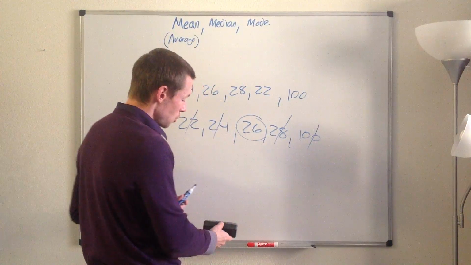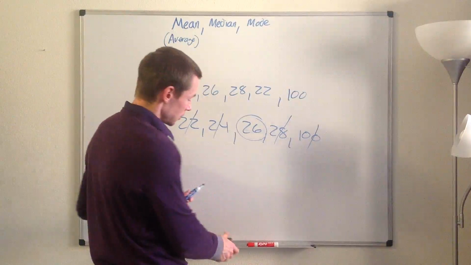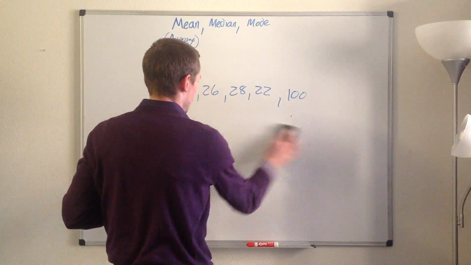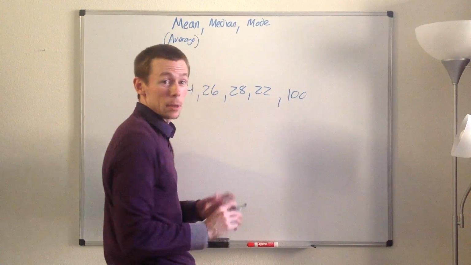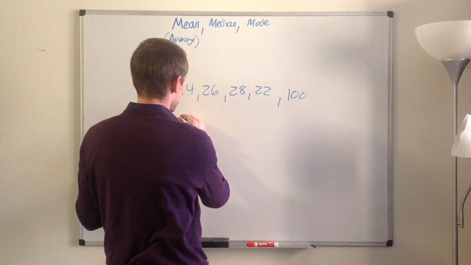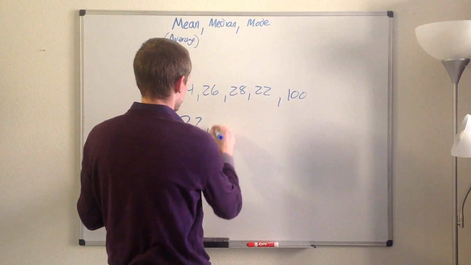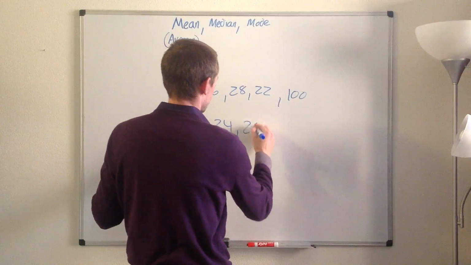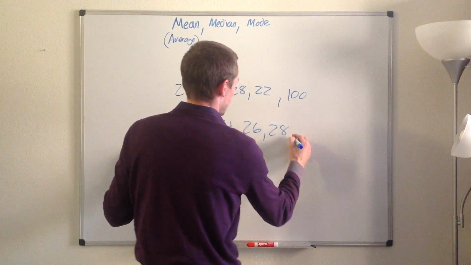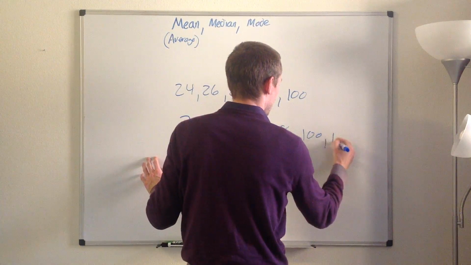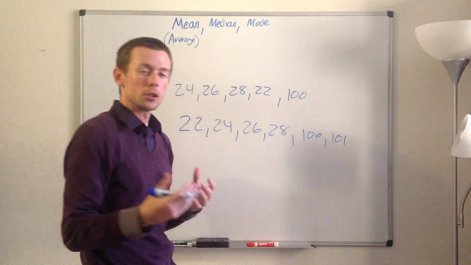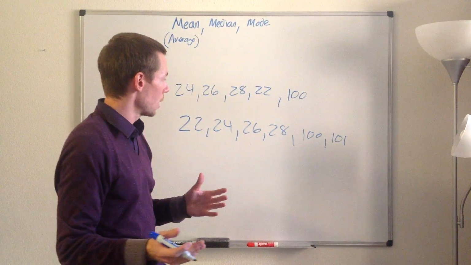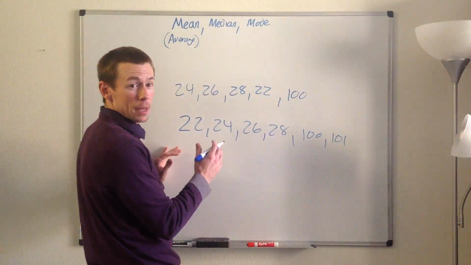By the way, if you have 6 numbers, so let me rewrite this. Let's say there was also a 6th person who was 101. What do you do for the middle numbers?